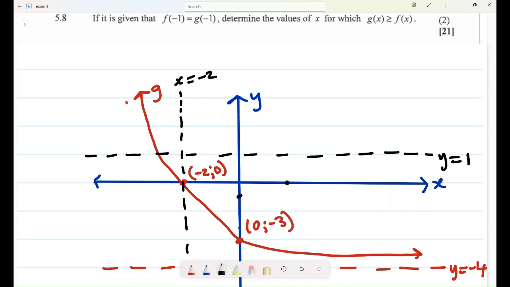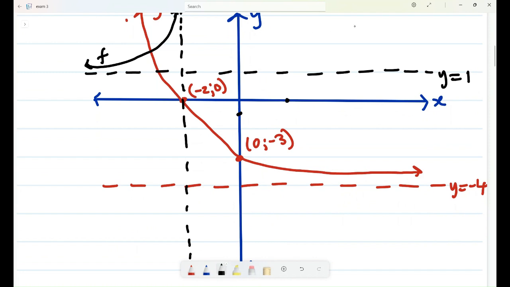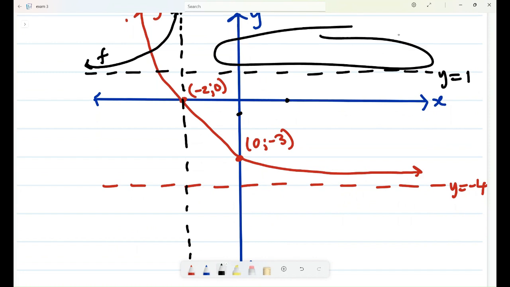So if this is 2 and 0, then now we know that we're going to draw in quadrant 2 and quadrant 4. In quadrant 2, I do not have any intercept, right? So I'm going to say this is my graph here. This is my graph of f. I'm labeling it. Then the other part will go on quadrant 4. Remember this section here is quadrant 1.